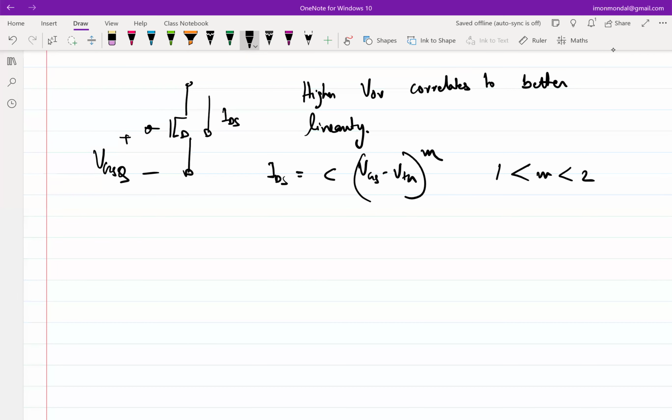But having said that, this doesn't have any physical meaning, right? This is one of those things which you can get from curve fitting. Again, strictly in saturation, this will fit. Obviously, this will not fit when you are going close to the linear region. Fine. So that is to give you an idea of how square law models are inadequate.